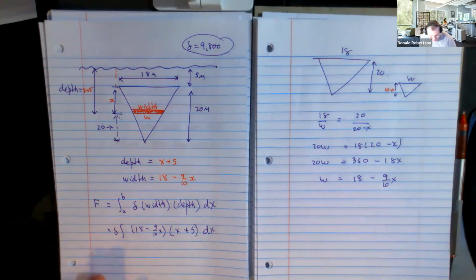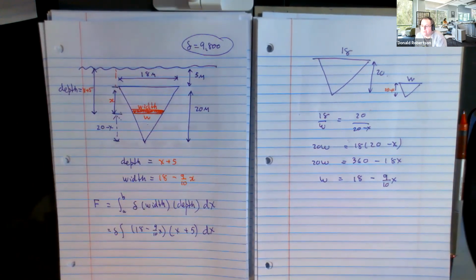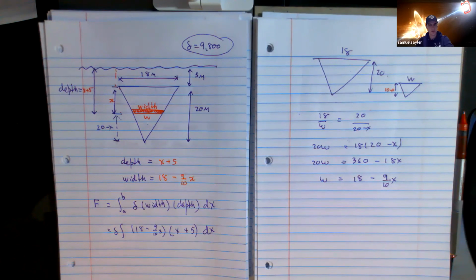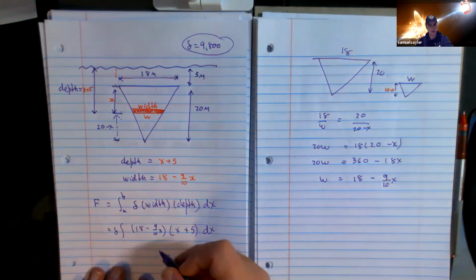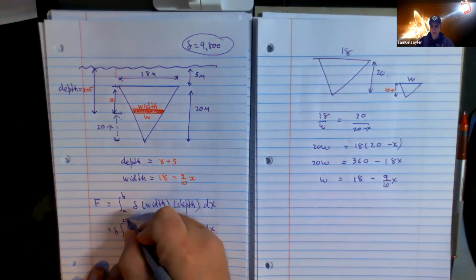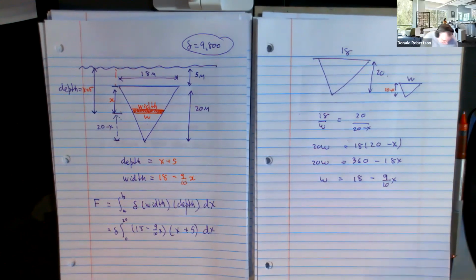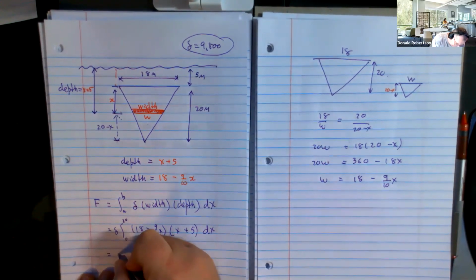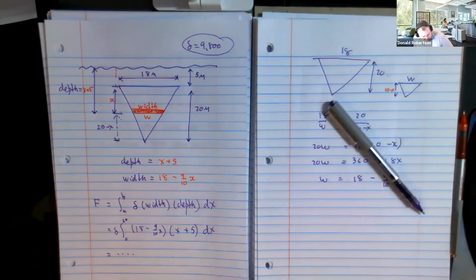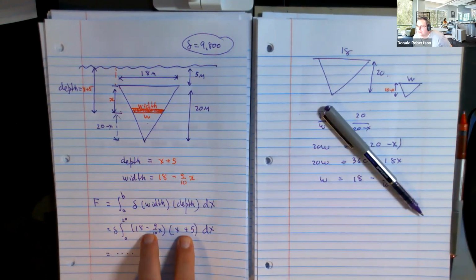Okay, where does x start and finish in this picture? Zero and 20. Okay, I'm going to dot this one now. Would you agree that the next few lines are foil this out to get a quadratic with some ugly fractions in it?